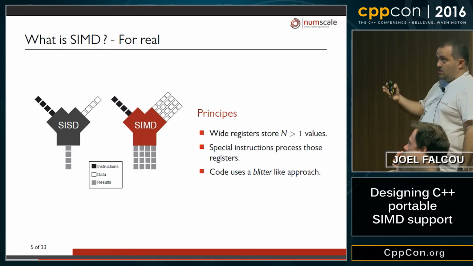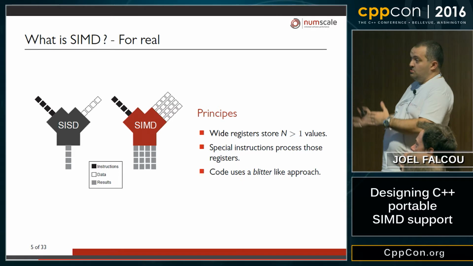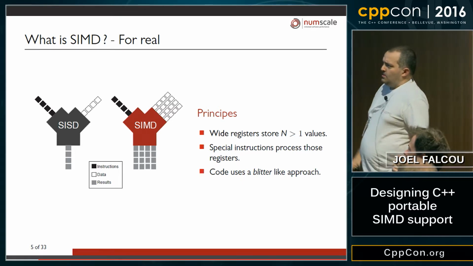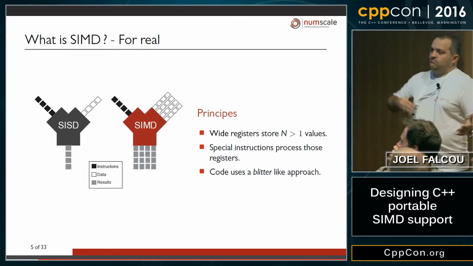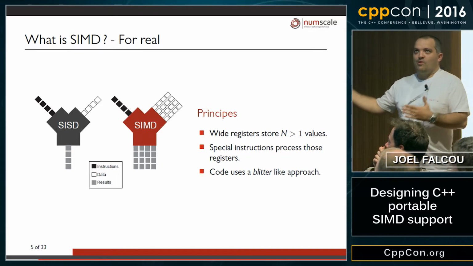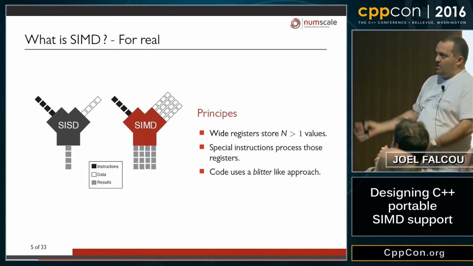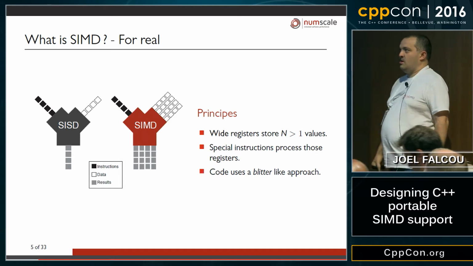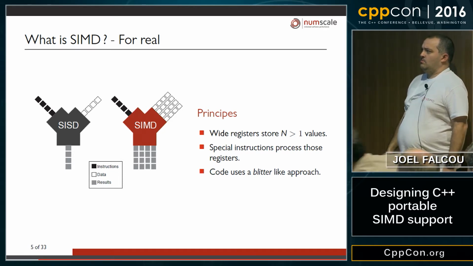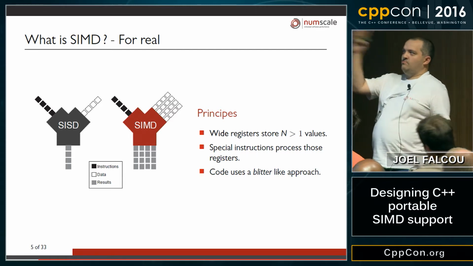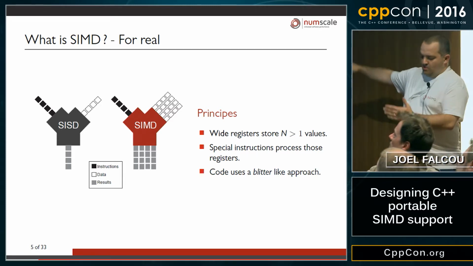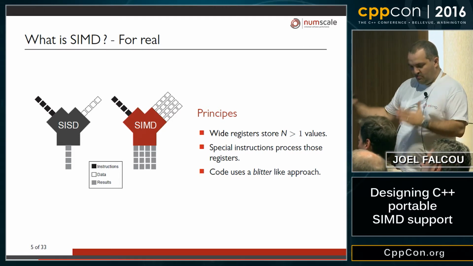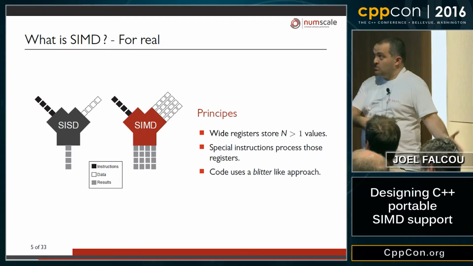Usually those special registers are processed using special instructions that may or may not have a human readable name. Most of them don't. And there is a kind of general process. I'm using the Blitter term, which was coined back in the 2000s by, what is his name already? Some guy from Altivec, which means that you have data coming in a regular way. You apply this regular pattern of instructions on all your data the same way and get your results.